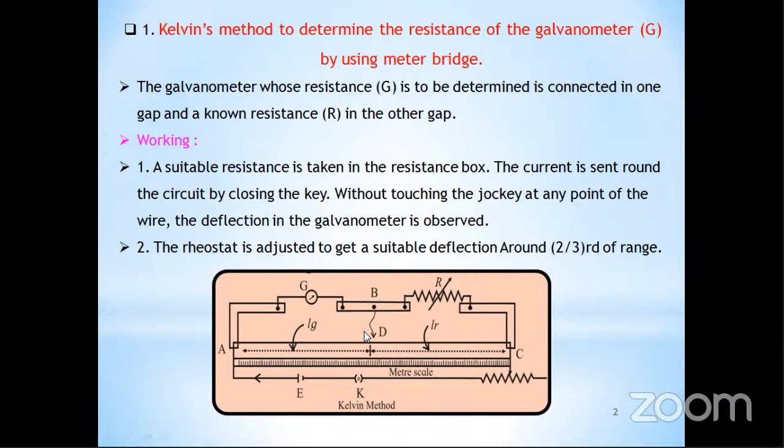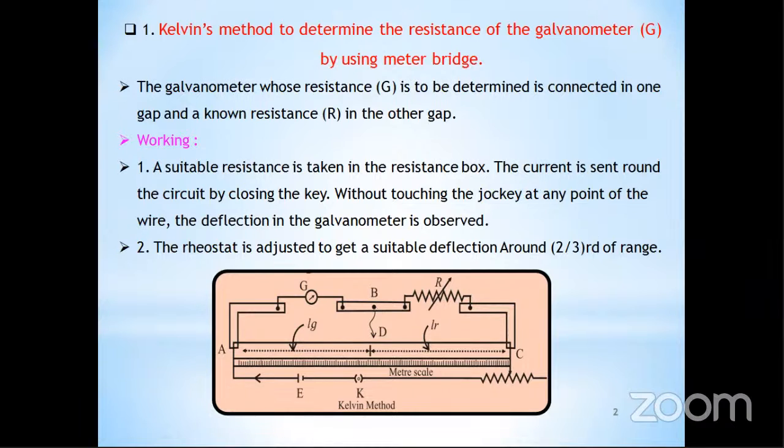Then the rheostat is adjusted. That means you have to take a suitable resistance in this resistance box, and then check all the connections once again. Then take the suitable resistance from this resistance box, take the jockey in your hand, and find out from A to C the point at which this galvanometer shows half deflection.